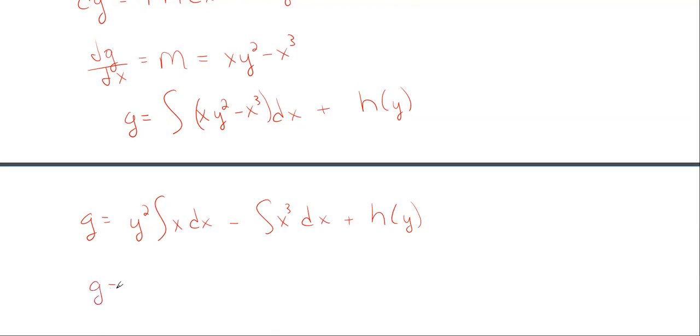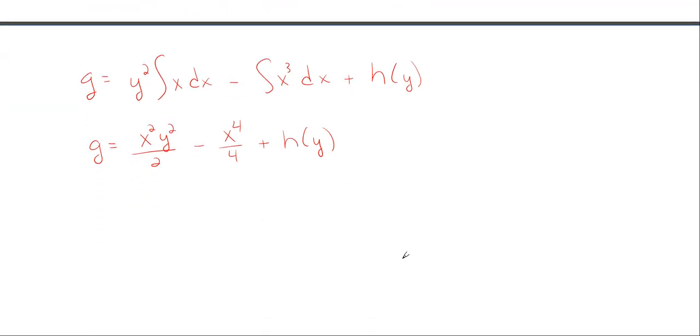So we would end up with our equation of g, which is x squared y squared over 2 minus x to the 4th over 4 plus our h of y. Now, technically, you would also get constants from these integration processes, but we're just going to lump them into our overall constant of h.